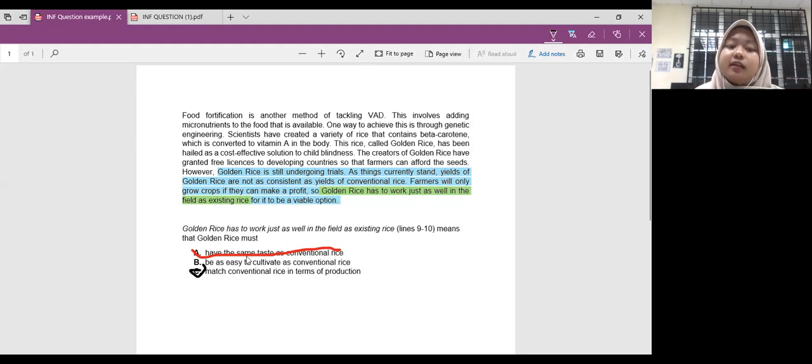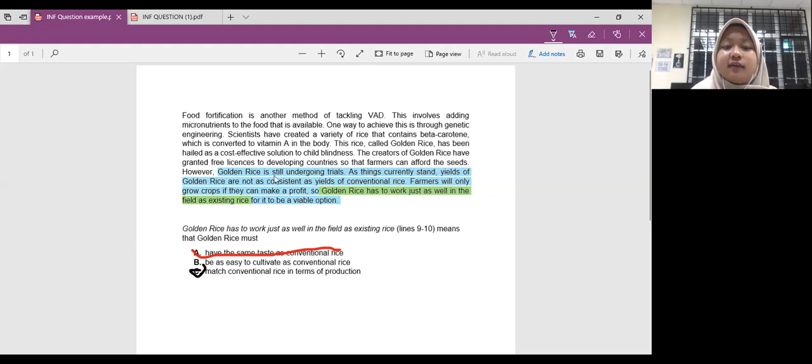It means that the golden rice has to match the current rice that they have used, and the farmers will grow crops if the golden rice is the same as conventional rice.